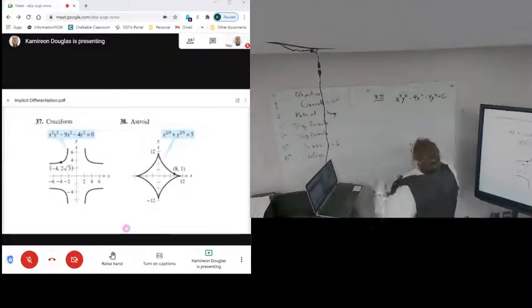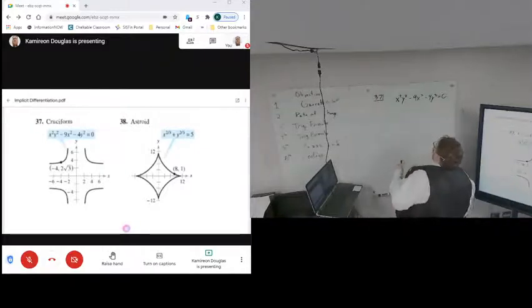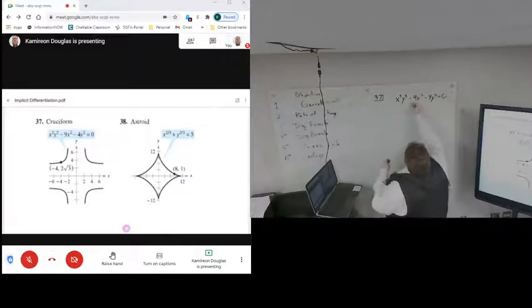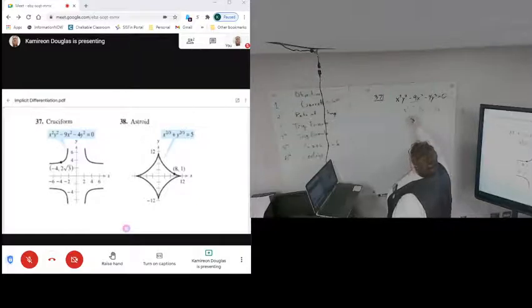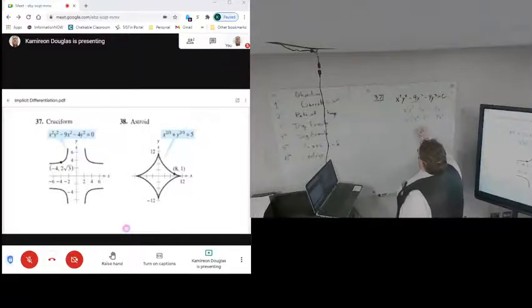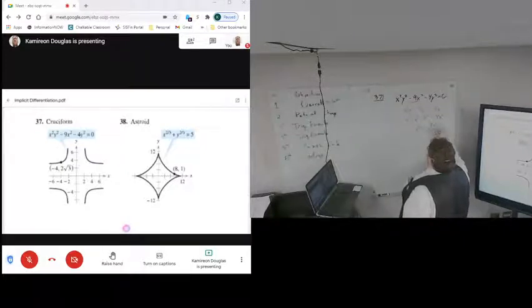So an optional first step: I could move this piece over, giving me x squared y squared minus 4y squared equals 9x squared. Factor y squared out, so that's x squared minus 4. And then divide. So I'd end up with y squared equals 9x squared over x squared minus 4.